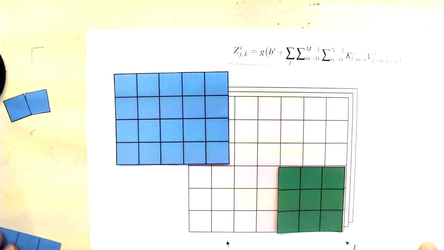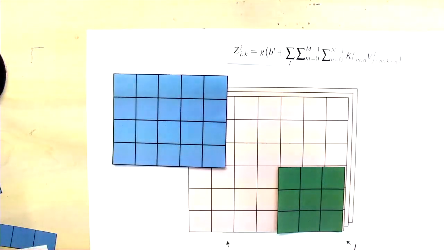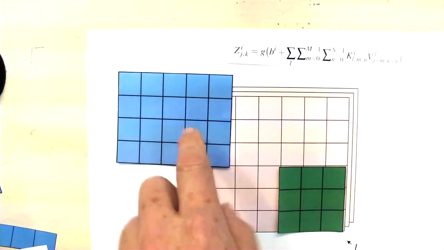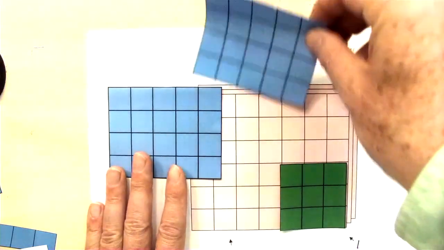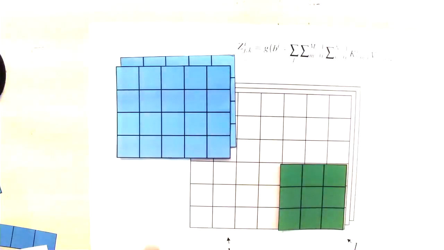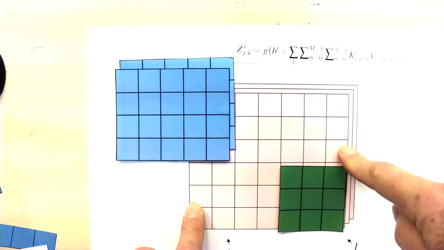This is like one channel in the next layer, but if I want, I can have multiple channels in the next layer, the same way we had multiple channels in the input layer.